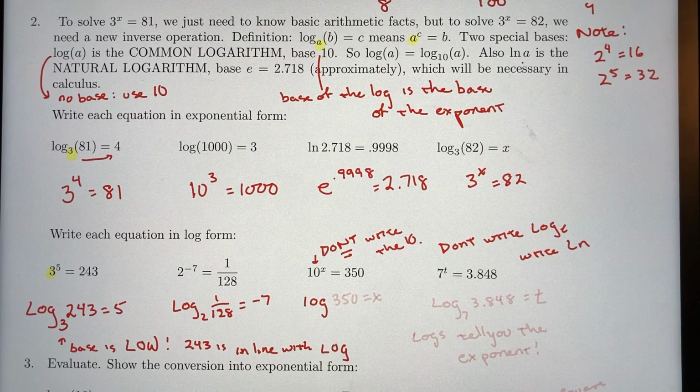Okay, so 10 log of 350 is x. Oh, so if I wanted to know what power of 10 gives me 350, I actually have a button for that on the calculator. Log of 350, I can just type it in. So notice logs tell you what the exponent is.